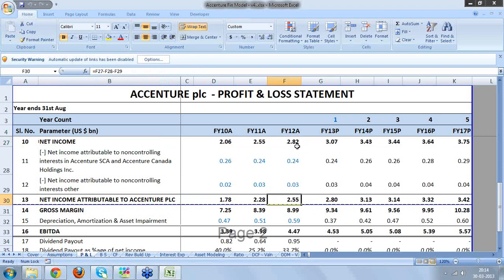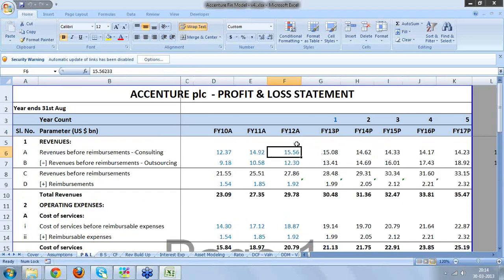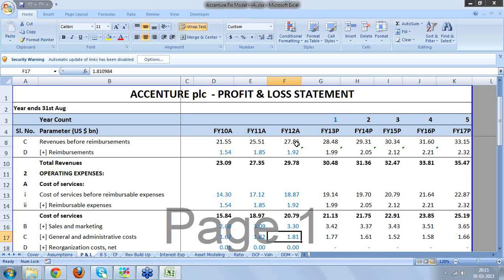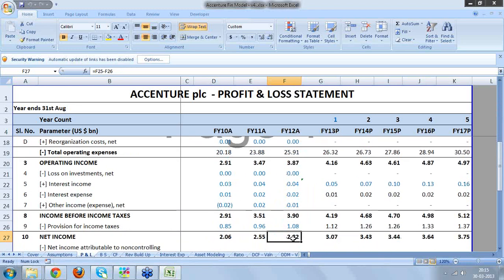Now, since in the denominator we are using entire sales and the sales figure is on a consolidated basis, which assumes that entire sales of subsidiary belongs to parent, ideally, while taking a net income margin, you should take this entire net income of 2.82 instead of net income attributable to Accenture shareholders. So we should ideally take this figure while calculating anything that has a relevance to sales.